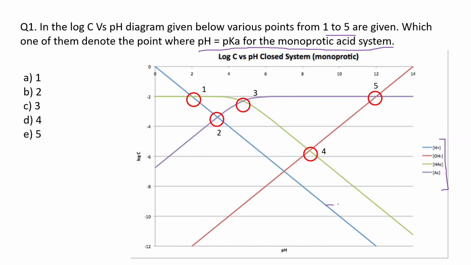This one is H plus, this one is OH minus, this one is HAc, and this one is Ac, the acetate ion.